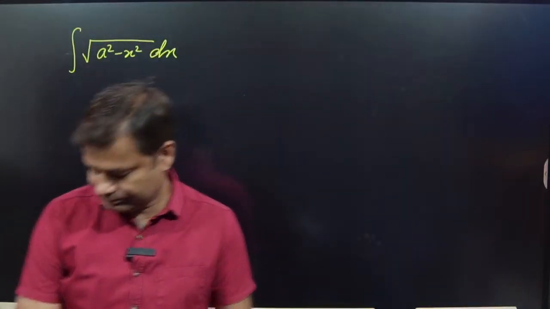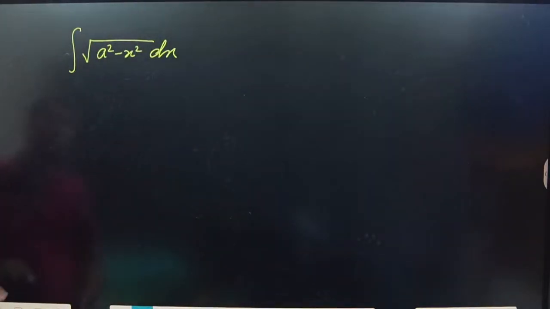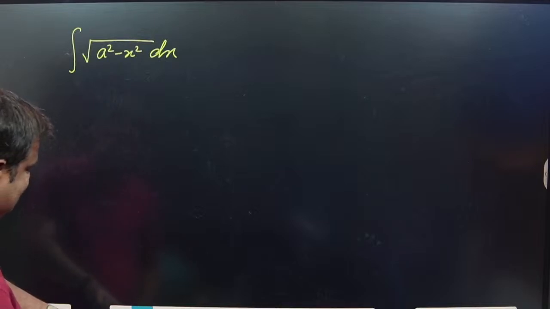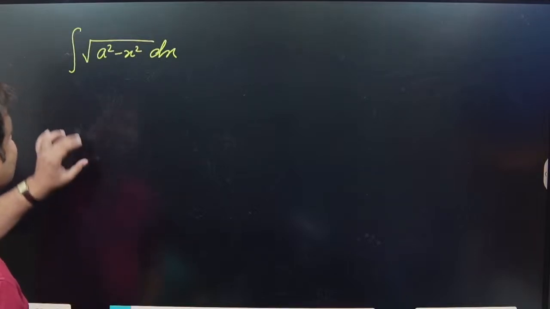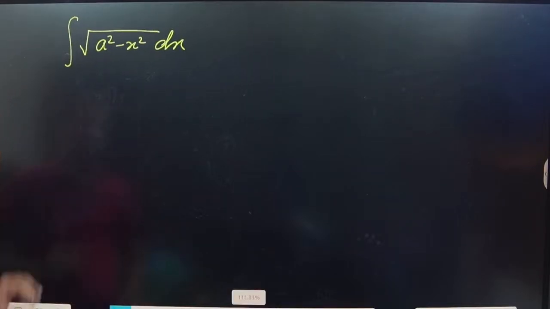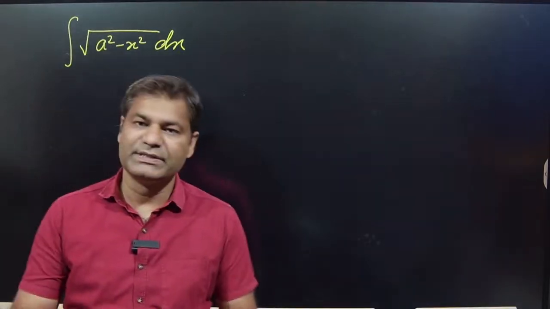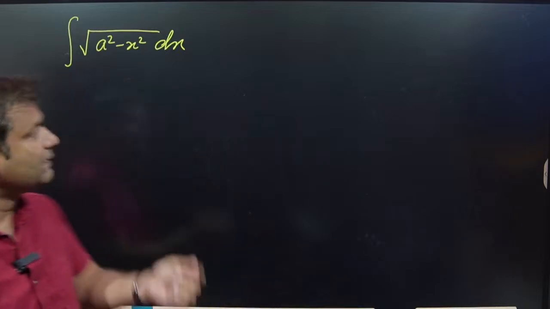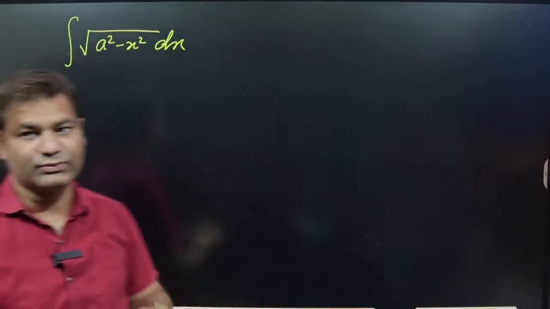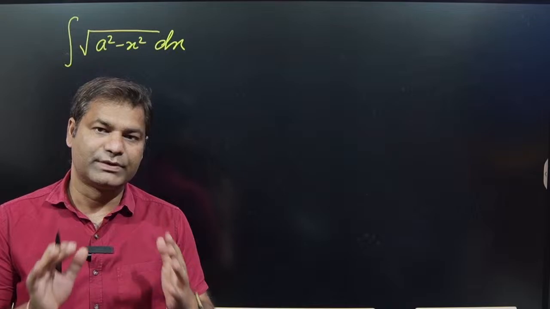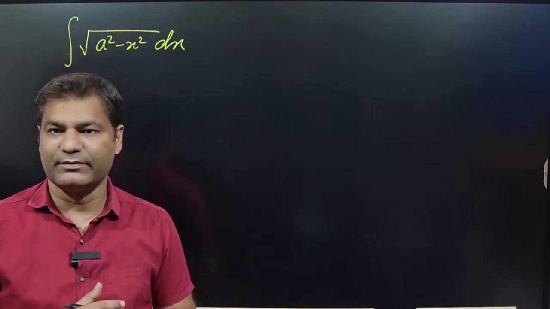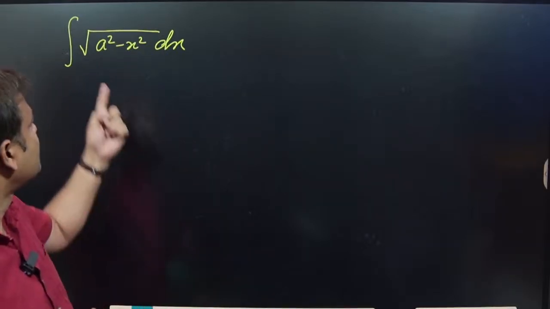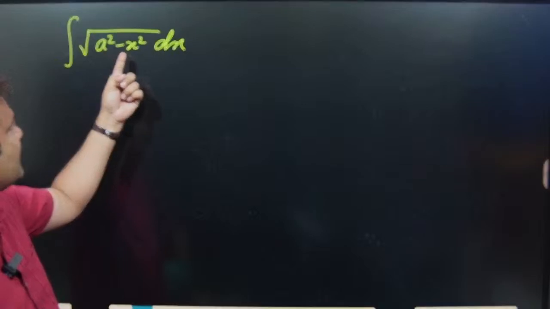Now how can we generate the formula of integration of under root a square minus x square? Okay, so first of all we are focused on step by step. First step is, look here, under root a square minus x square dx.